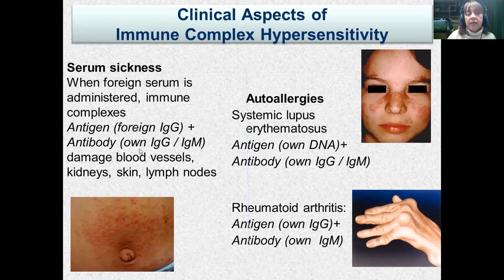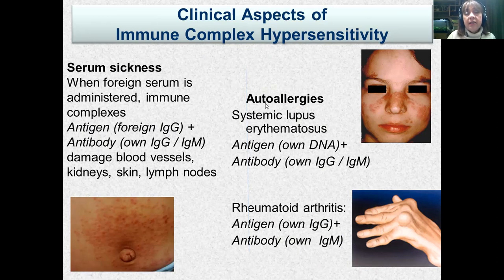And these immune complexes deposit in blood vessels, in kidneys, in skin, and activate the complement system and cause an inflammatory process. It is not a life-threatening disease because we inject foreign immune serum only one time.